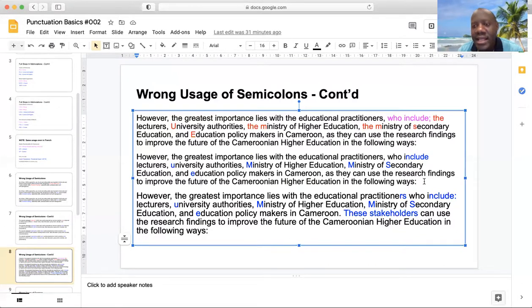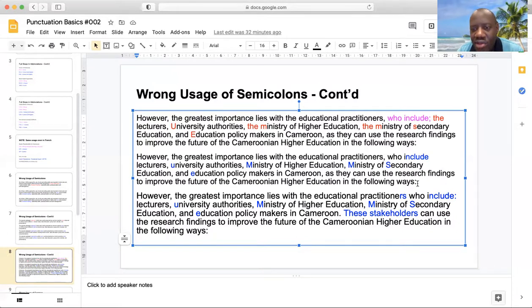And in this case, you can then write another sentence here to say who these practitioners actually are, and you then list them. Anyway, so now include lecturers, universities, Ministry of Higher Education. This is a proper noun. Ministry of Secondary Education, proper noun, capital M, capital S. And then education policy, because this is not a proper noun, small e, blah, blah. And then as they can use research findings to blah, blah.